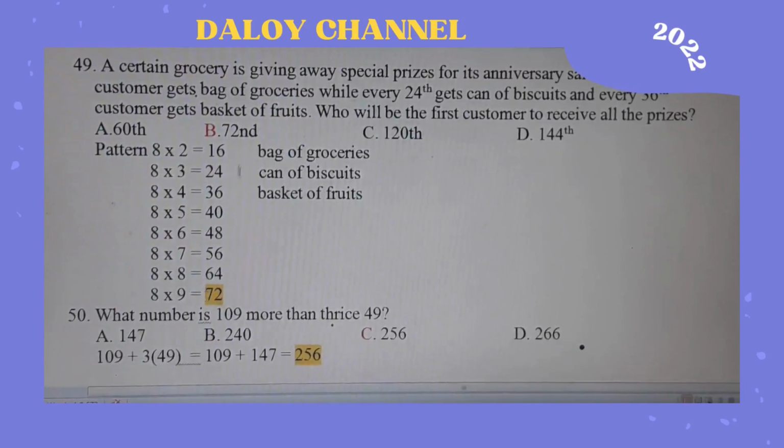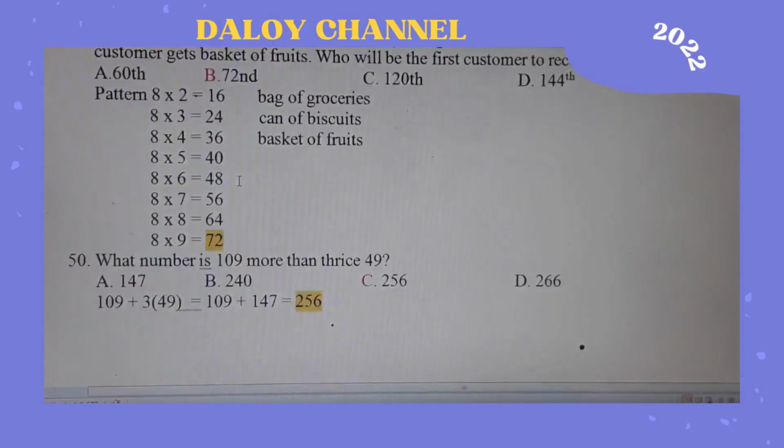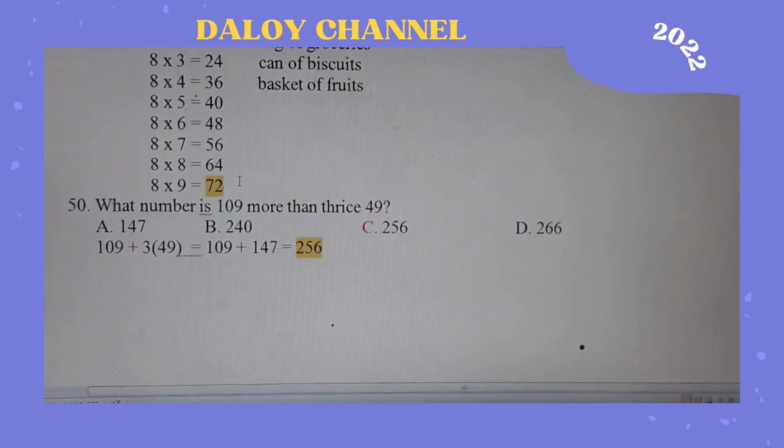So of the options, I think the 72nd customer would receive all the prizes. Okay, so we're talking about patterns, by the way. For number 50, what number is 109 more than thrice 49?